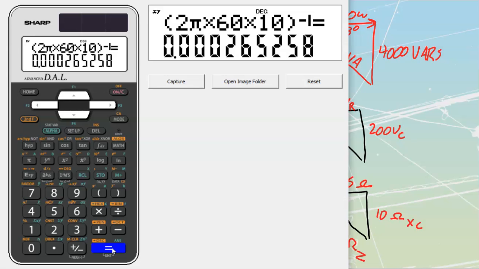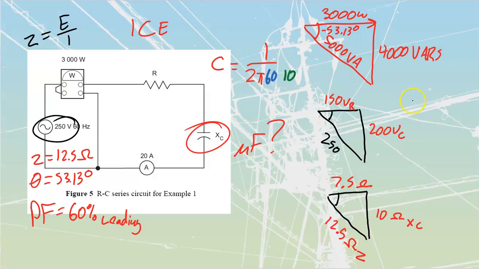And it gives me a value of 0.000, so that's my milli, 265 microfarads that I'm going to have. 265 microfarads over here. Lovely.